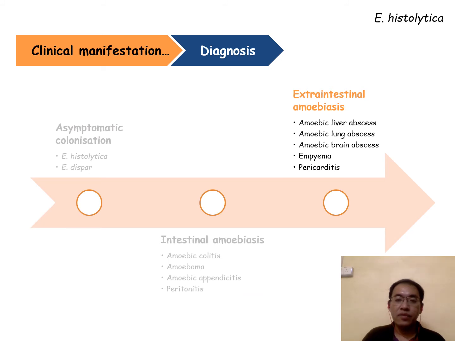In case extra-intestinal amoebiasis happens, it usually happens in the liver, lungs, or brain, according to the most reported cases.